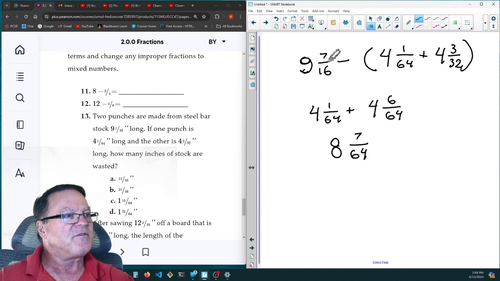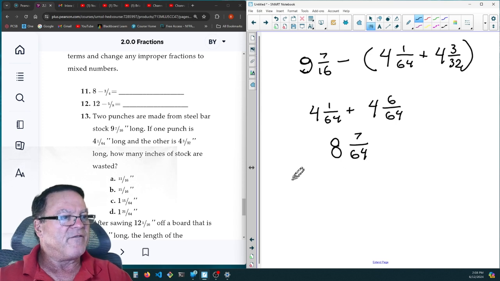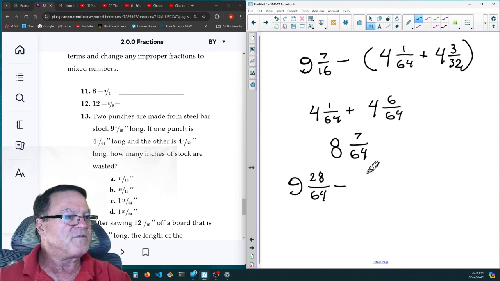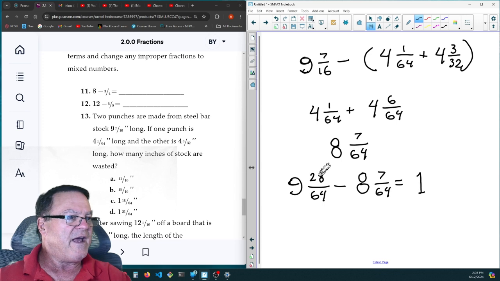Now, 9 and 7/16, I have to multiply the 7/16 times 4 over 4 to get a common denominator of 64. So I have 9 and 7 times 4 is 28, and 16 times 4 is 64. 9 and 28/64 minus 8 and 7/64 equals, first I'll subtract the whole number, 9 minus 8 equals 1, and 28 minus 7 equals 21.